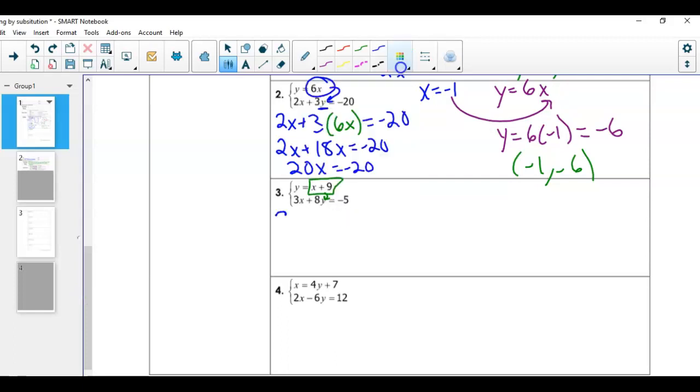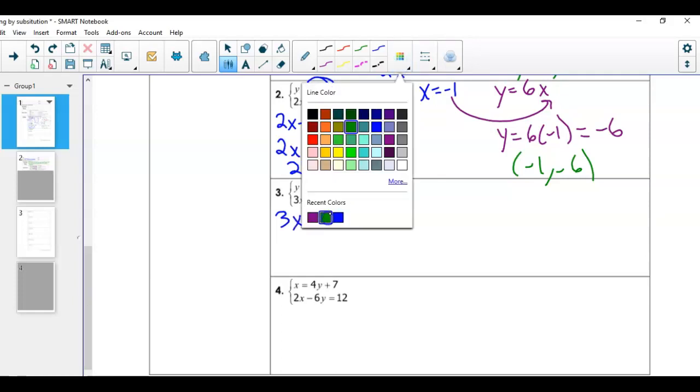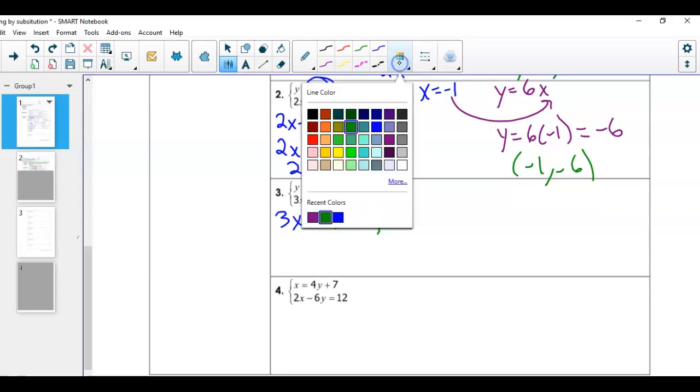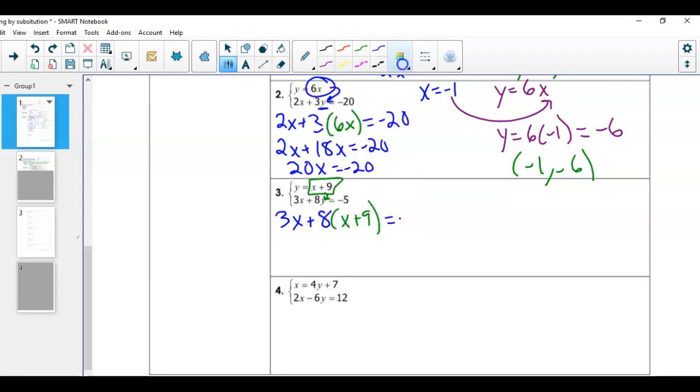So I'm going to rewrite this other equation with my first equation in it. This is me substituting this equation into it. And then I'm going to solve.